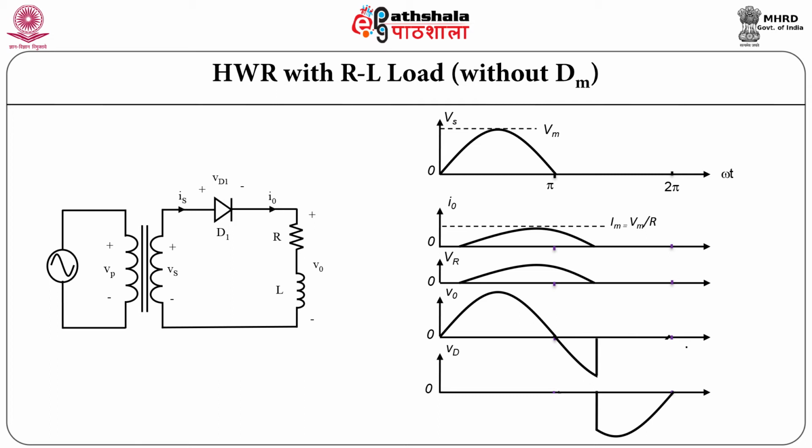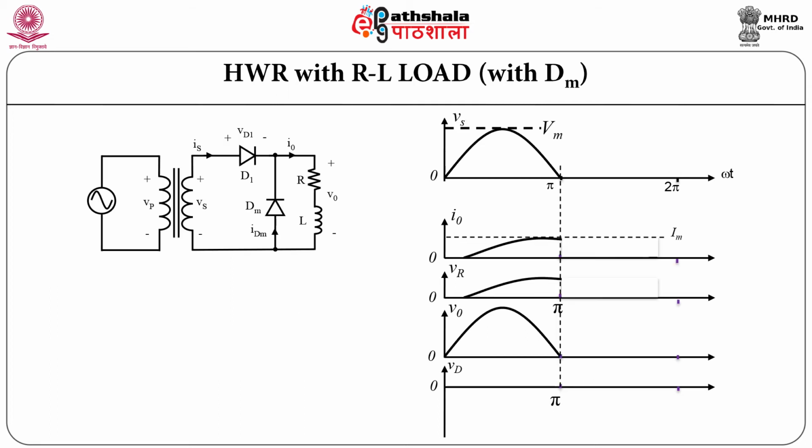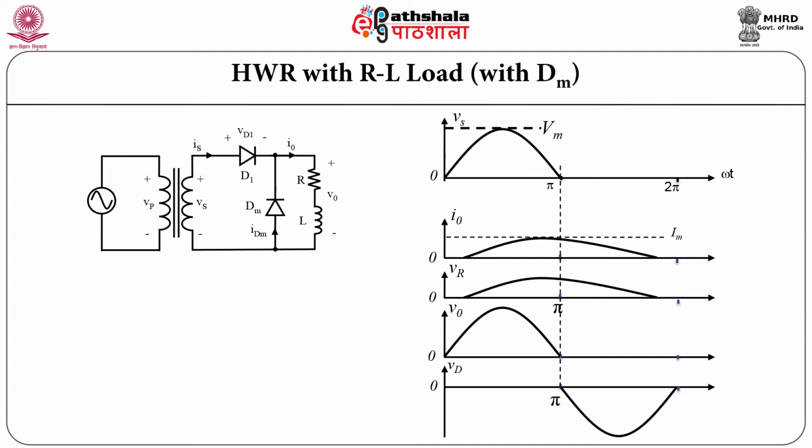So, therefore, you get output voltage half wave rectified in the first half cycle, but during the negative half cycle, the current will still continue and output voltage will go negative also. The waveforms are as shown in the figure. Now, if you see the output voltage, the DC content of the output voltage is highly reduced because of the highly inductive load.